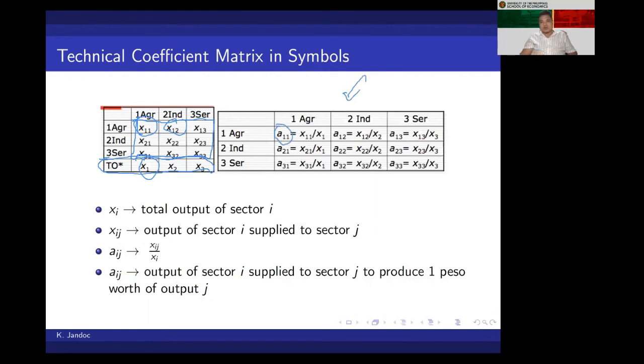What is A11? Like we discussed about 2 slides ago, these are the technical coefficients. Okay, the amounts here are technical coefficients where we divide this entry over here with total output for this column. So here we divide X11 by X1, that's A11. A21 is X21 divided by X1, and A31 is X31 divided by X1.